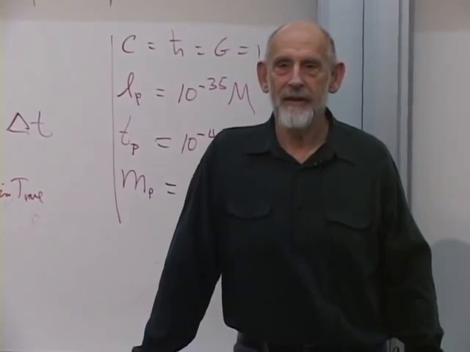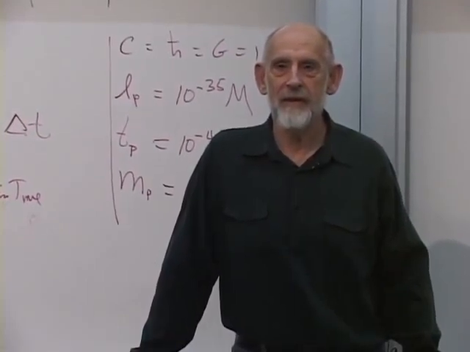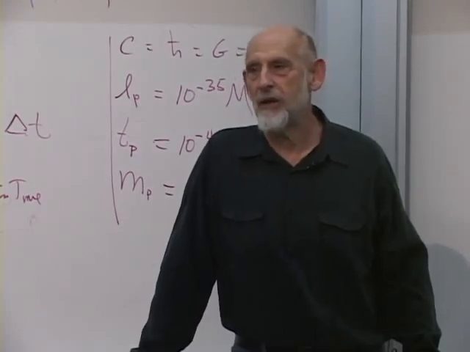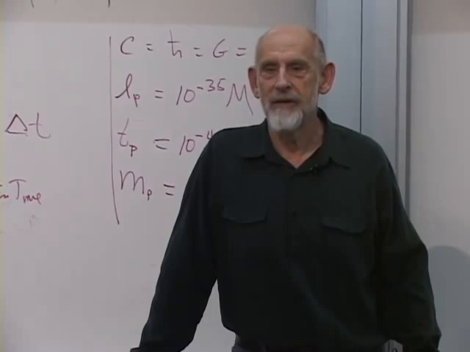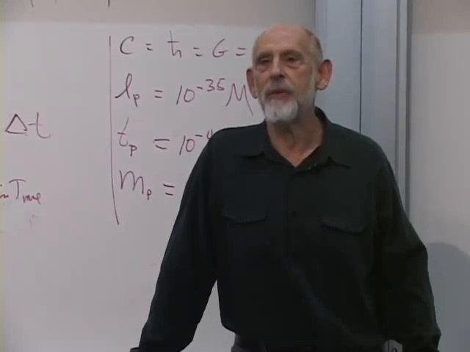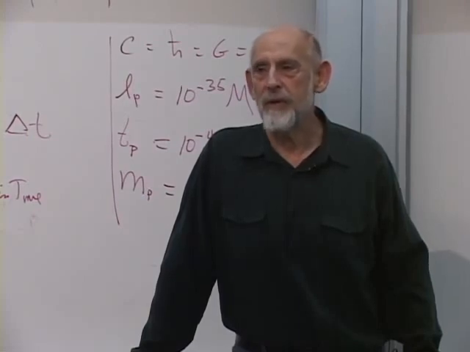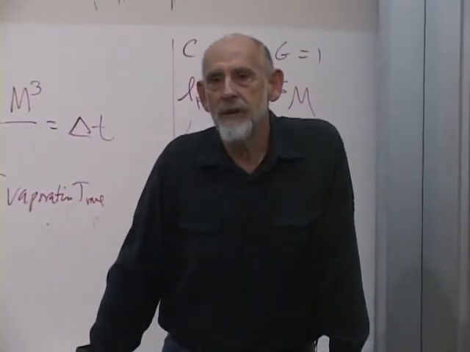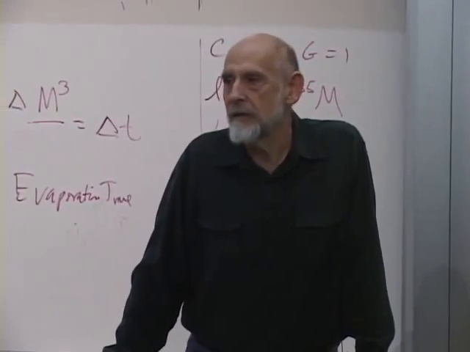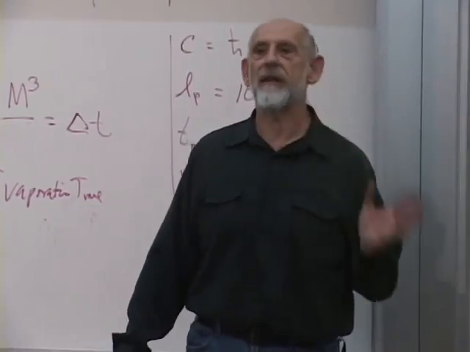Let's say the density is 3 or 4 times that of water. But you have to multiply by 10 to the 3 because a cubic meter of water is about 1,000 kilograms. So let's say 10 to the 10th kilograms.